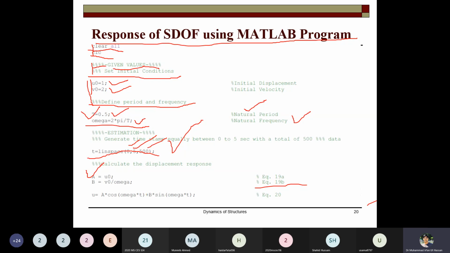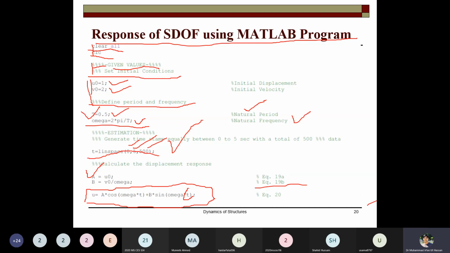Now you will compute u, the response of the system. So u is equal to a cos omega t plus b sin omega t, this was the formula. So you can put down the values. Now the u answer will not be a single value. Why?